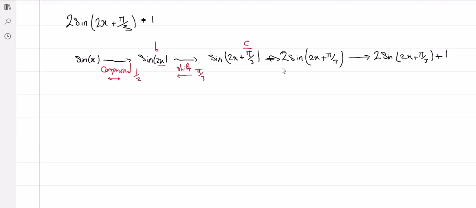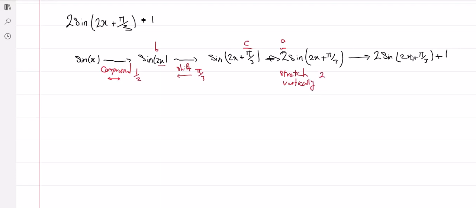Now, on the next stage, as you see in here, there is a coefficient of 2 multiplied to the whole function. And this value is actually our a value in the transformation function. What it does is stretch the function vertically by the value of 2.